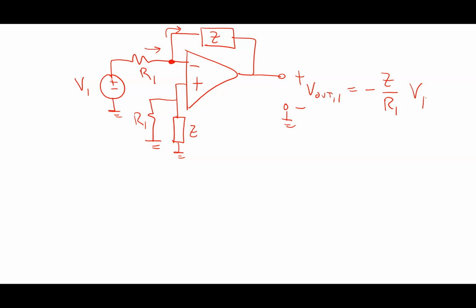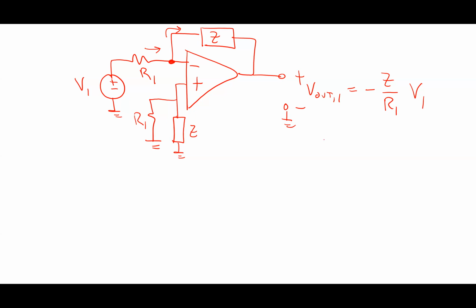All right. How would I approach the other one? First of all, in terms of this being a transfer function, what's the transfer function for this? It's negative Z over R1.